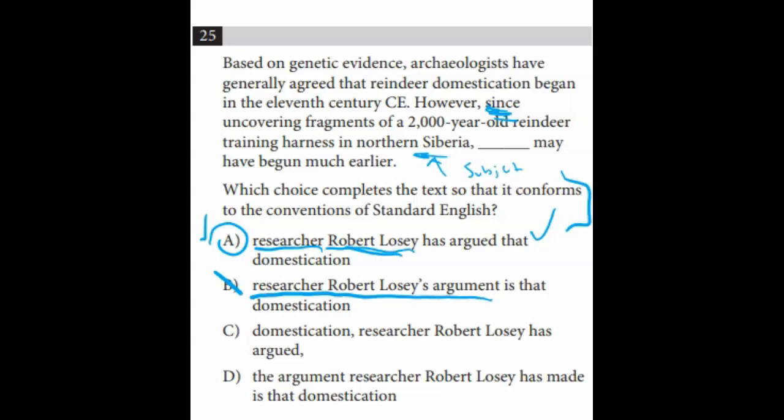And then you could say reindeer training harness in northern Siberia, domestication. Researcher Robert Losey has argued that doesn't make any sense if you read it out loud in your head. It's illogical. And then you got D, the argument researcher Robert Losey has made is that, once again, this implies that it's the argument that she has made that found the reindeer harness. So D's out, and A is going to be the only answer choice left.